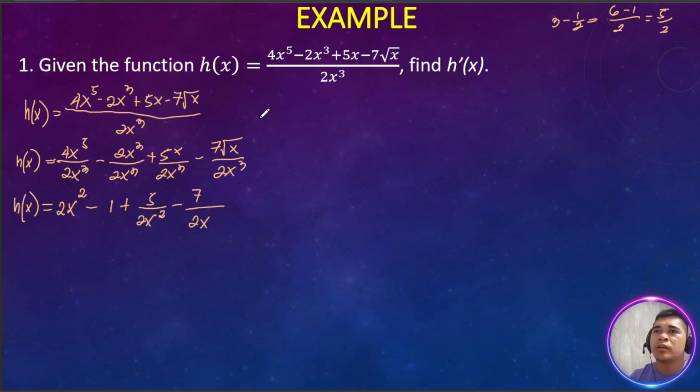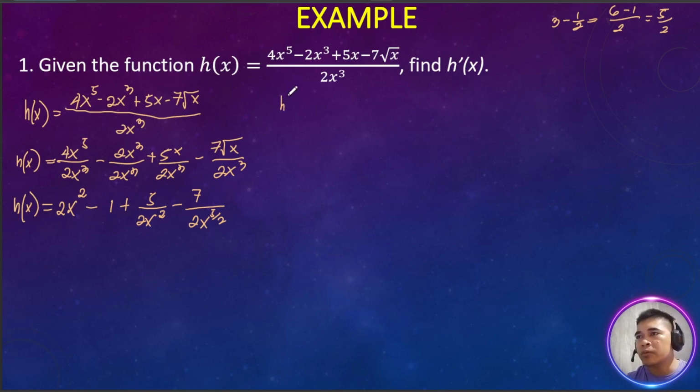So we are going to get the LCD and take the process. So we have x to the power of 5 over 2. Okay? So since nataan na ani, so now we can apply and finding the derivative of h of x.